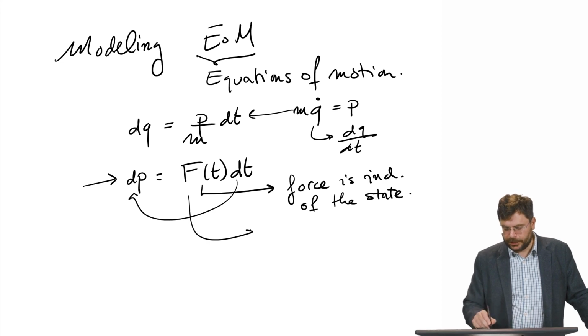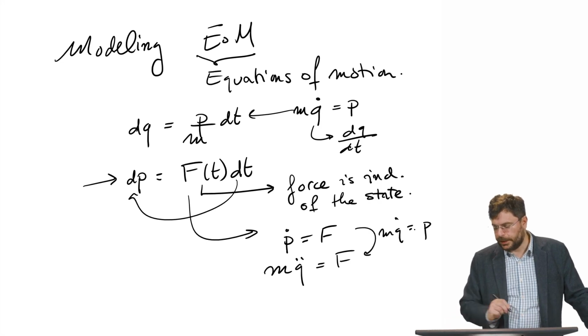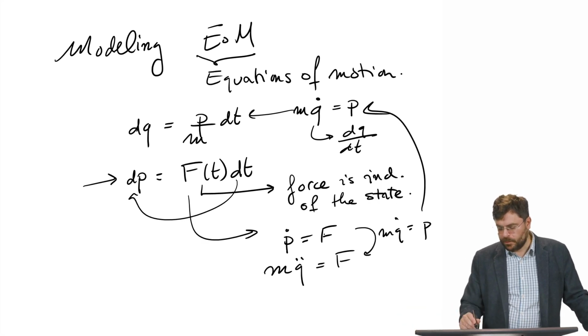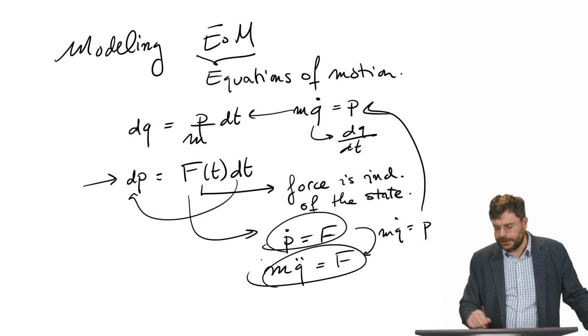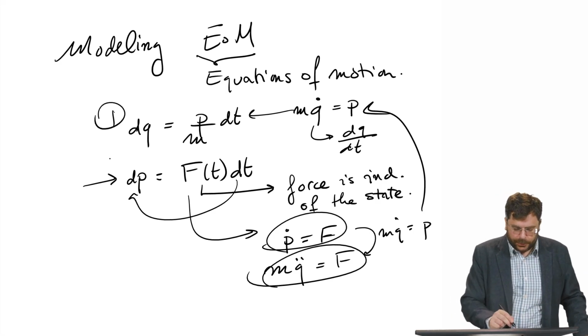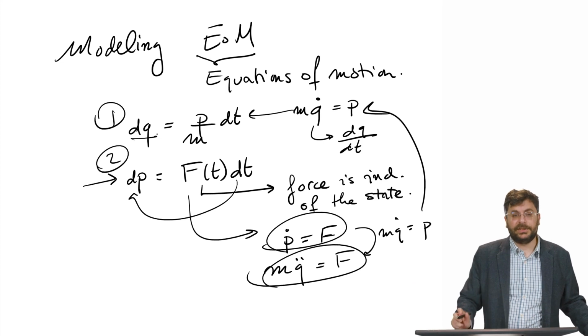And similarly for this equation here, maybe we're more familiar with seeing it as p dot equals f, or more often m q double dot equals f, where I use the fact that m q dot equals p. In other words, I used this very first equation to expand upon the second equation. Either way, we're going to be starting off with equation 1 and equation 2. Those describe how my position changes.